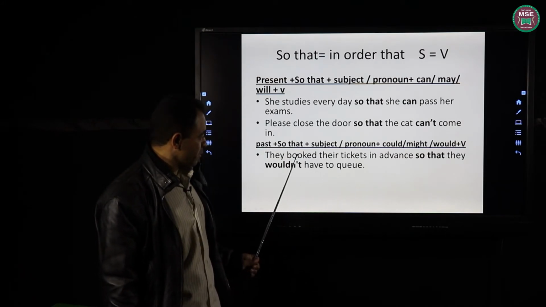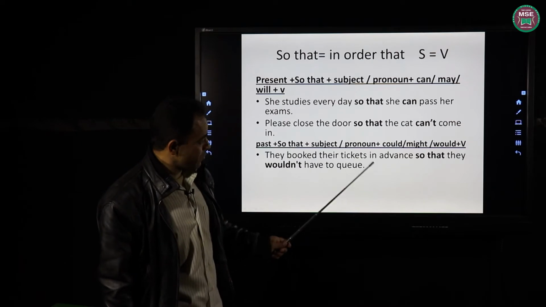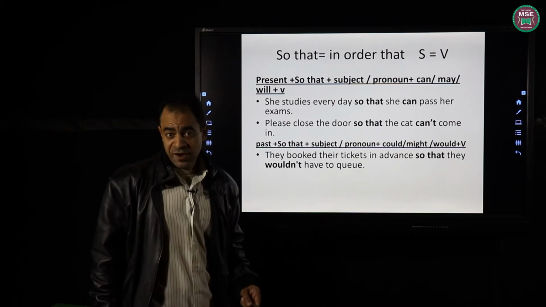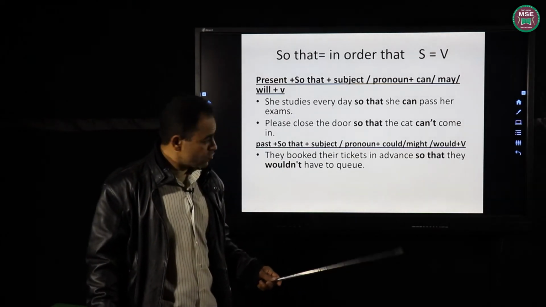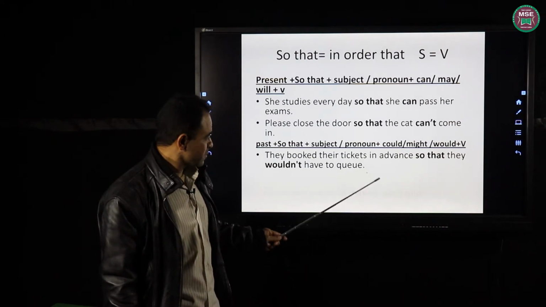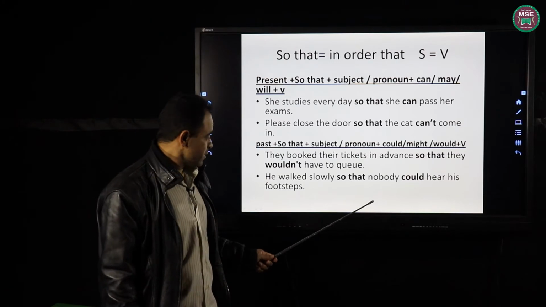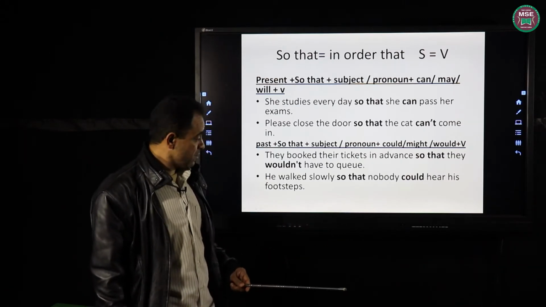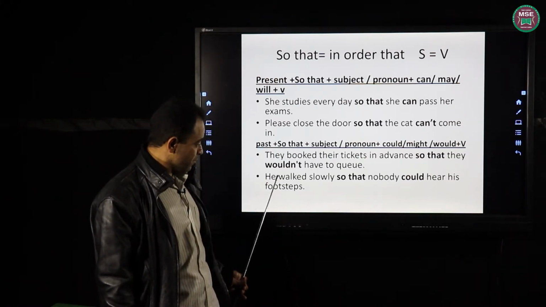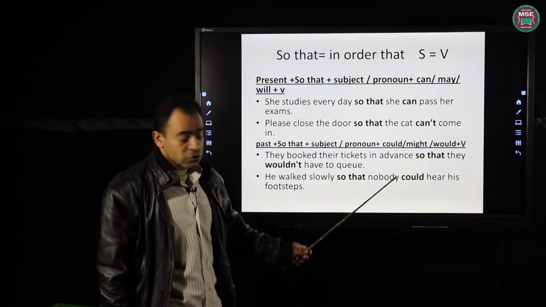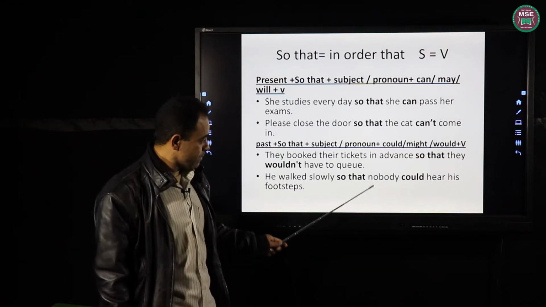So here the first part, past, so the second part, would or could or might. And of course the negative, couldn't or wouldn't or might not. He walked slowly so that nobody could hear his footsteps. So here the first part, past, the second part, could, not can, okay?